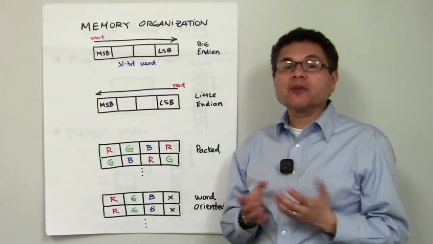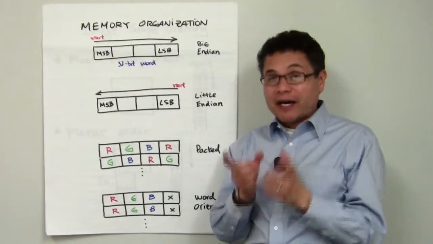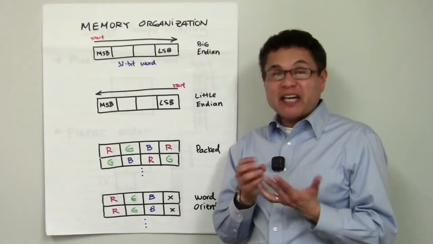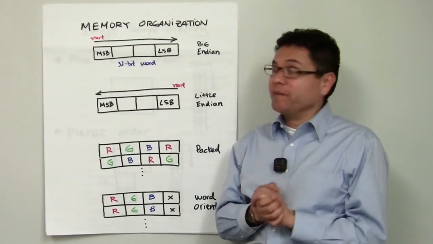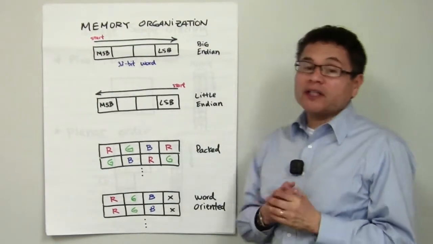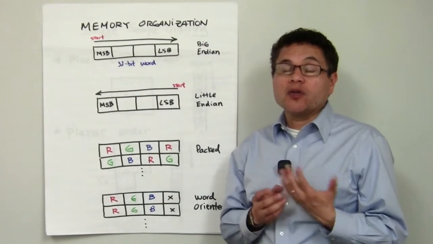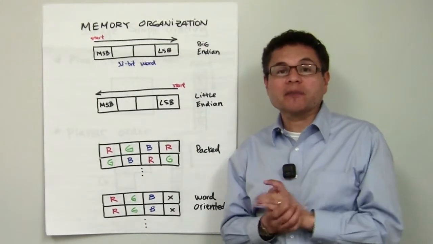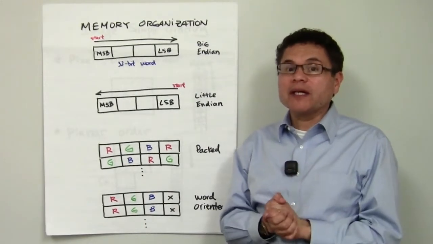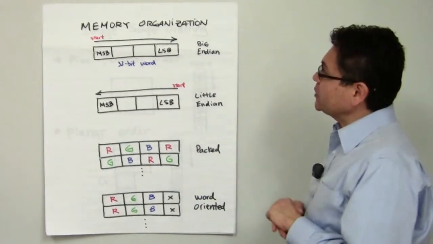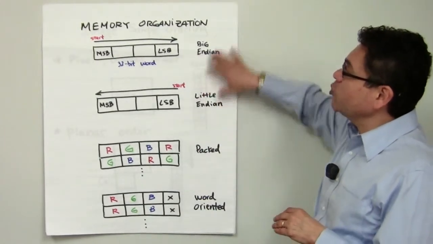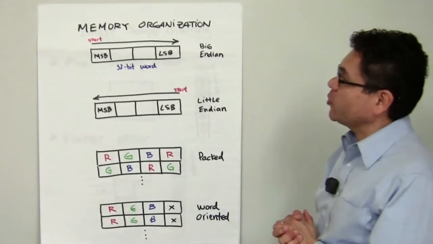Either way, eventually you have to face how to store the actual pixel data in memory. And so the memory organization is a very important consideration for your processing, especially when you're trying to maximize memory bandwidth. In this graph, I've represented the first 2 generic ways of storing memory.